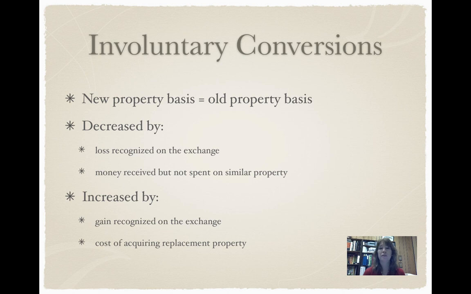The way to think about this is if you stood to reduce your income taxes by any recognition of loss, then that's going to decrease the amount of your new basis. If you had to add anything to the investment, you had to recognize some gain or you had to pay more money in, you're going to get credit for that in the way of increasing your basis in the new property.